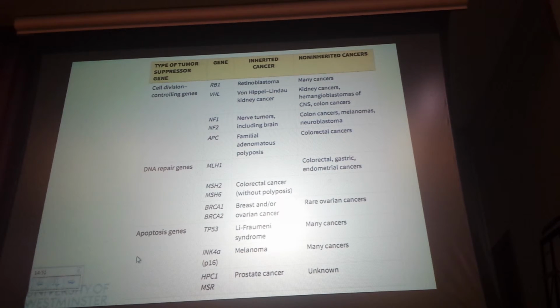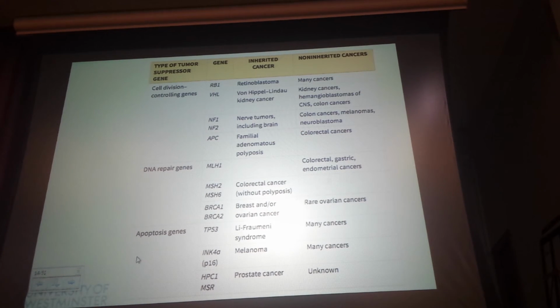They are involved in DNA repair, like I've explained with BRCA1 and BRCA2, which are the breast cancer genes. You can also have tumor suppressor genes involved in programmed cell death, also called apoptosis. And I think next week you're going to have a lecture on cell cycle and apoptosis.